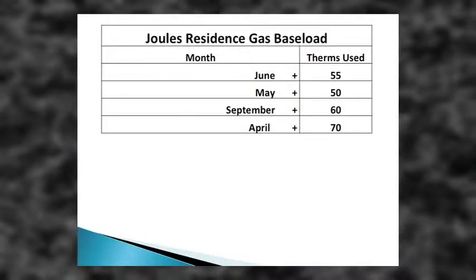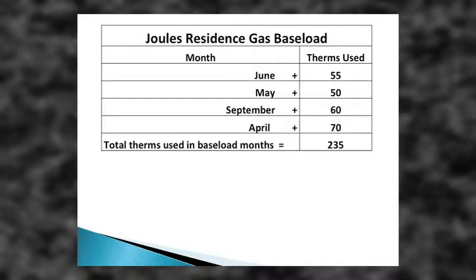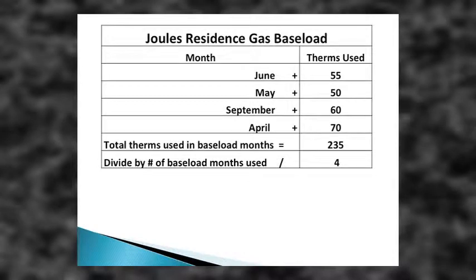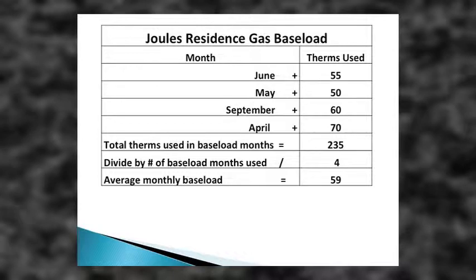So we take those 4 low months, throwing those 2 months out. We take the next 4 months, we add them together, and we find out for the baseload months we use 235 therms. Then we divide that by 4 because we want to find out what the average is, and we discover the average monthly baseload is 59 therms.